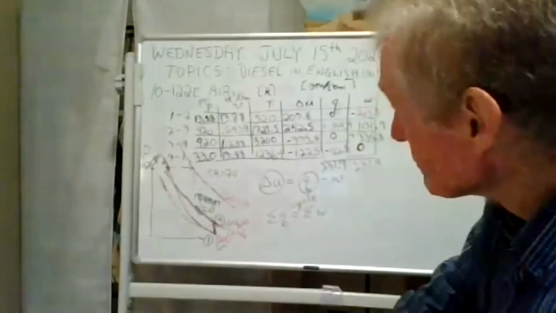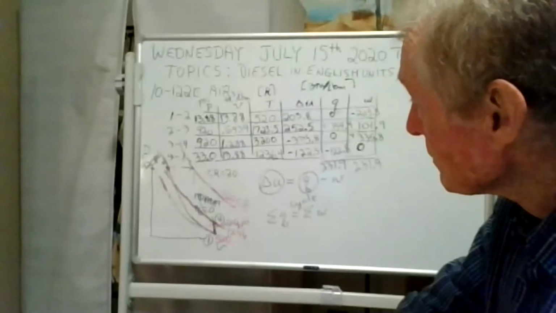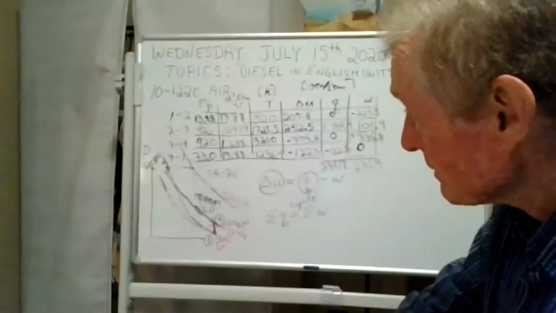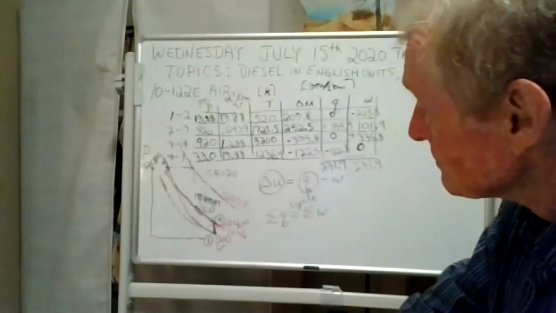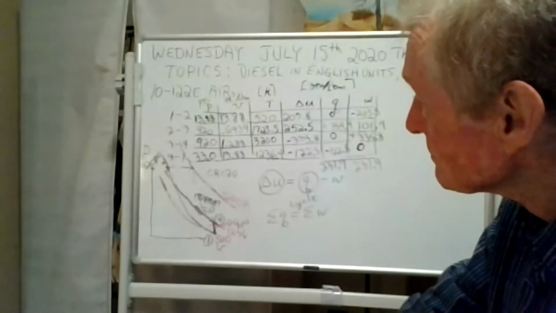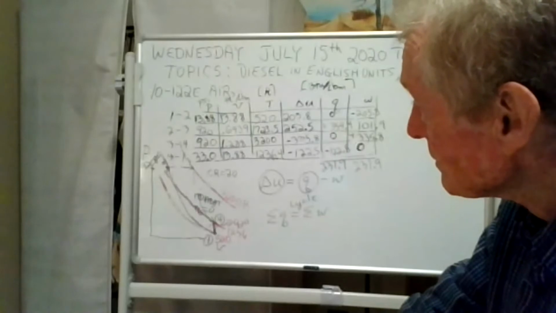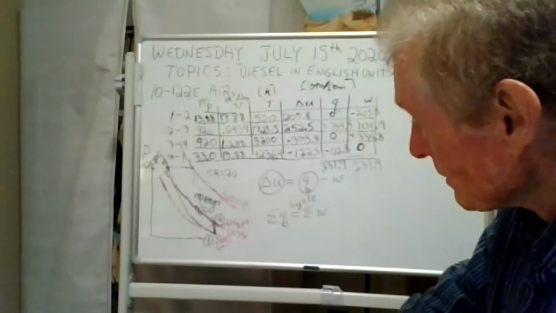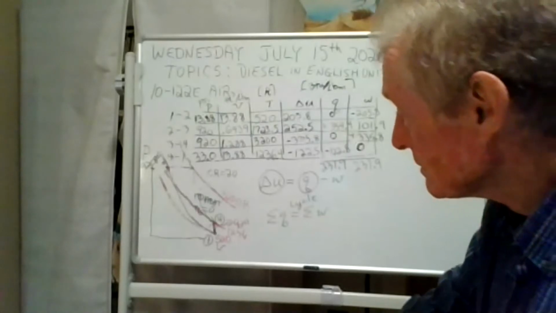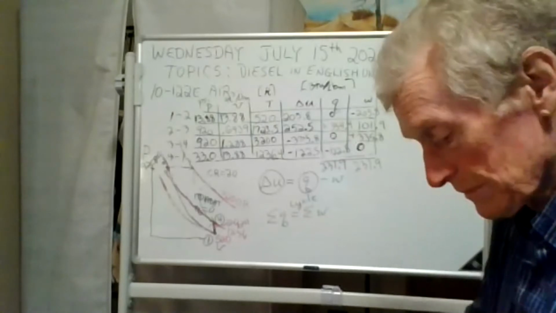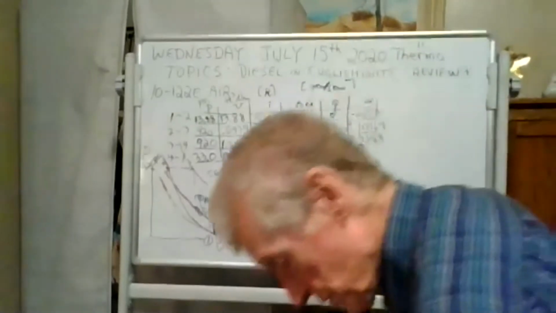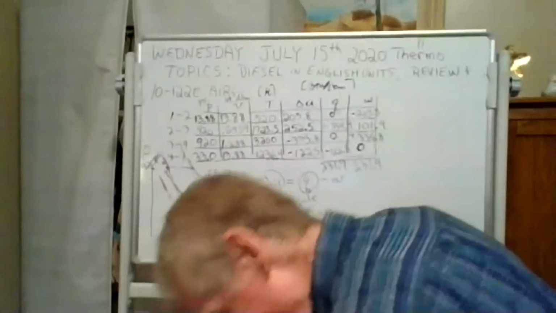And then you have state 2, which is 1735, right? State 4 is 1236. Guys, I'm getting confused on my isotherms there.